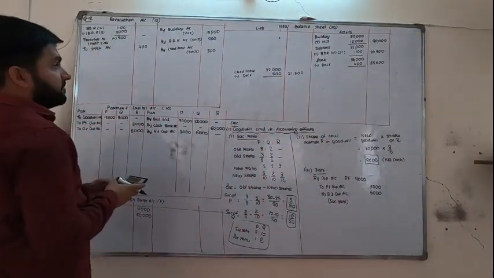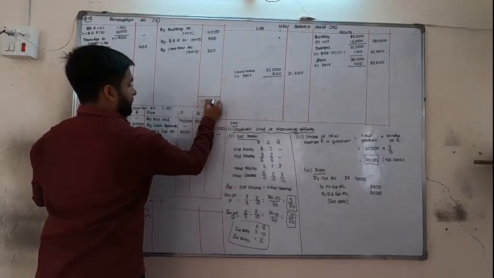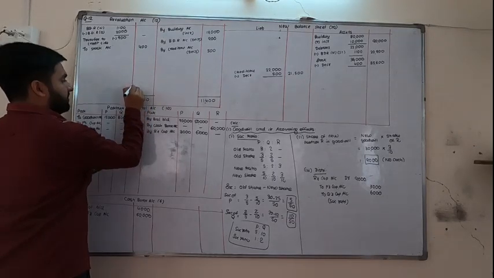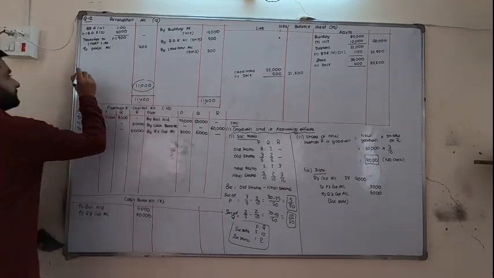10,000 plus 900 plus 500, 11,400. 11,000 will be the profit.